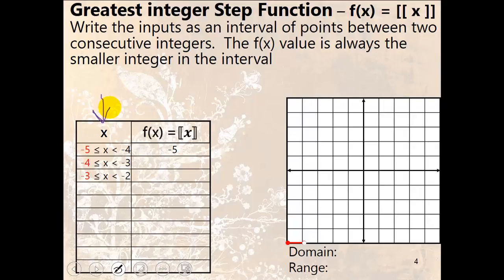And again, with the next interval, -4 is less than or equal to x is less than -3, they would round down to -4. And then -3 is less than or equal to x is less than -2, that would round to -3.